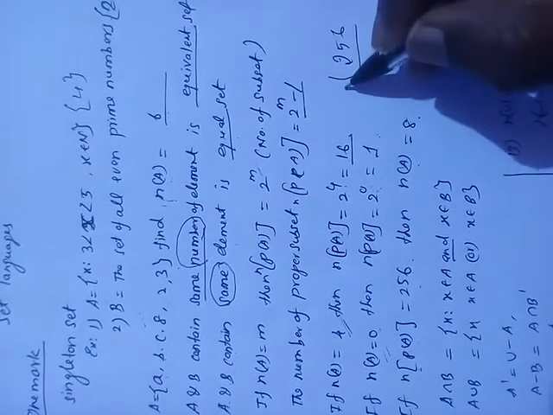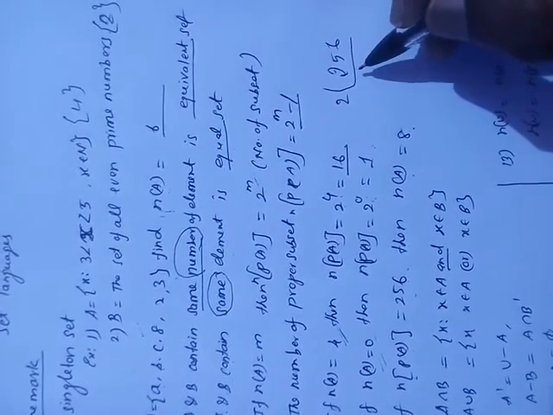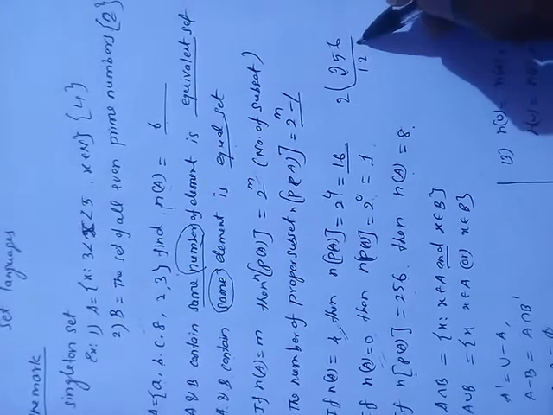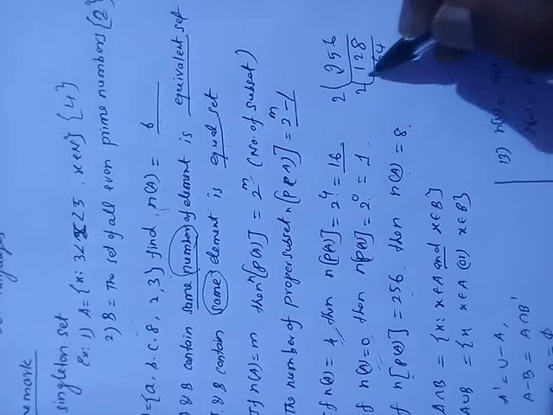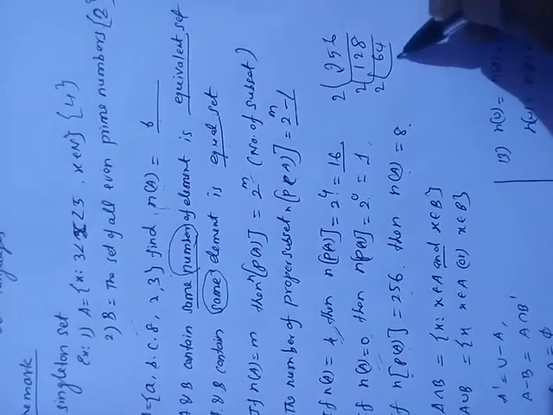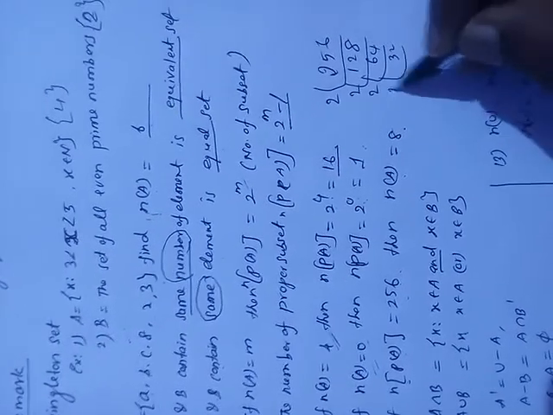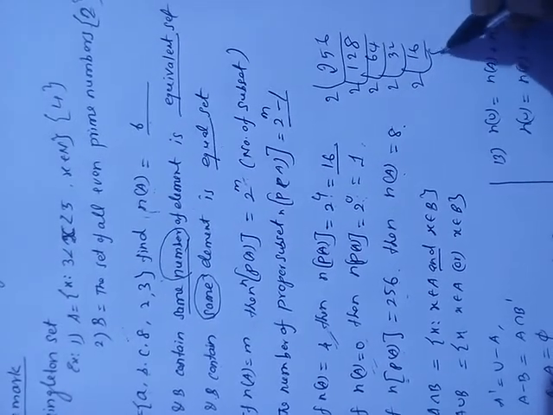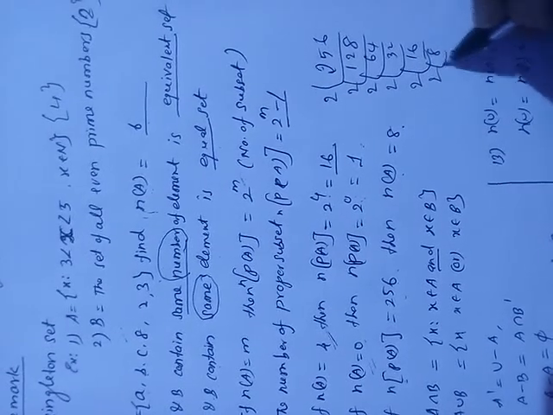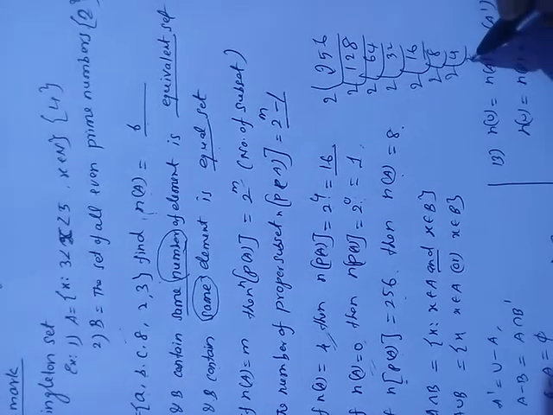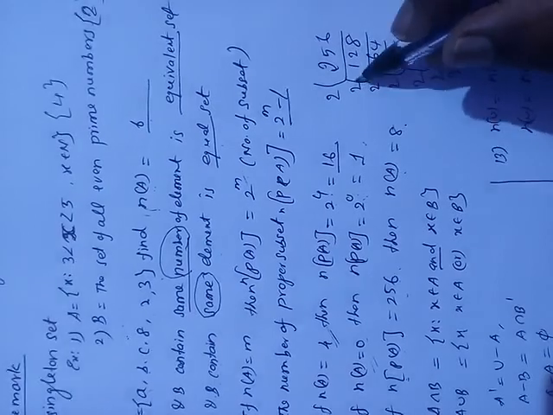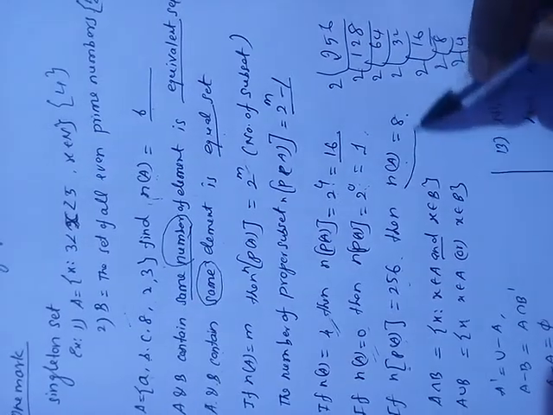For example, 256 divided by 2 is 128, then 64, then 32, then 16, then 8, then 4, then 2, then 2. Counting 1, 2, 3, 4, 5, 6, 7, 8. There are 8 elements present. Okay. Therefore, the answer is 8.